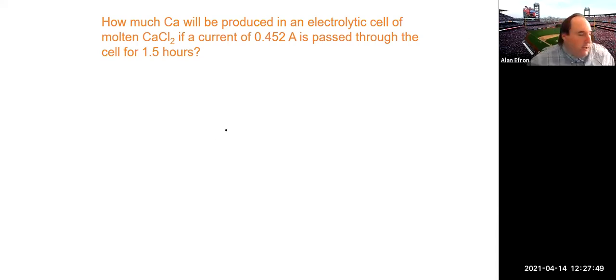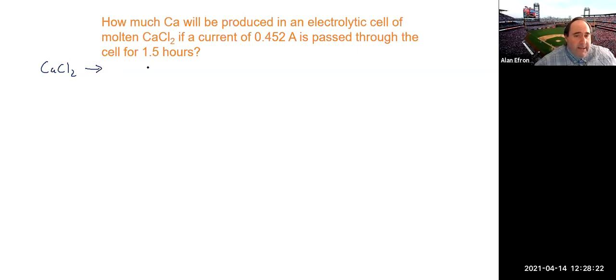So in this case, we want to know how much calcium is produced in an electrolysis cell of calcium chloride as a current is passed, that is 0.452 amperage, and we ran this cell for 1.5 hours.